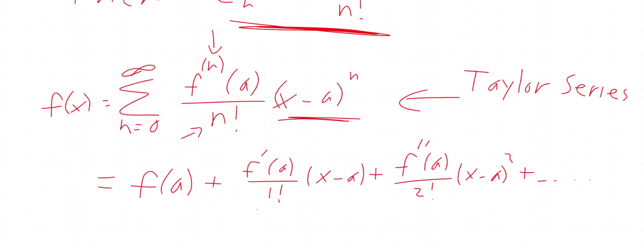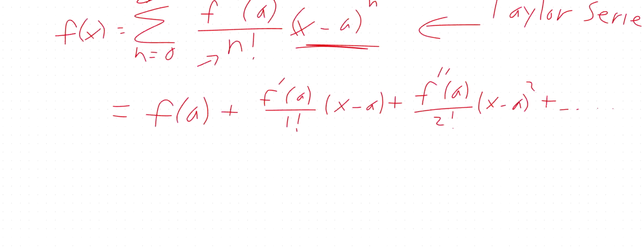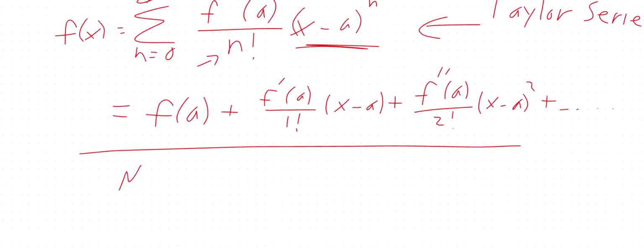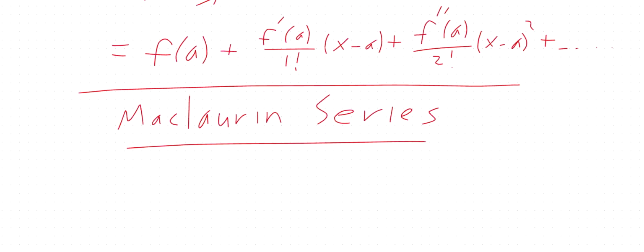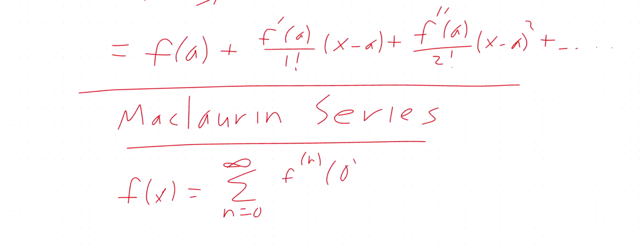Now, if our a value is specifically 0, that's going to give us what's called the Maclaurin series, where our f of x is going to be the summation of n equals 0 to infinity of our nth derivative at 0 divided by n factorial.